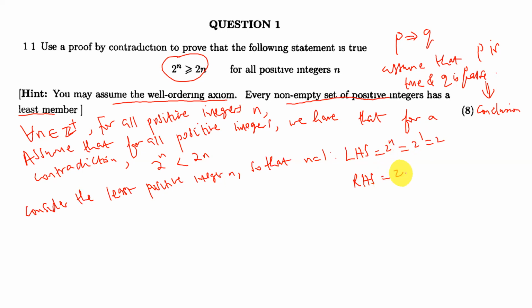The right-hand side is 2n, which is 2 times 1. So we have that the left-hand side is less than the right-hand side, because it means 2 to the power 1 is less than 2 times 1. And this is a contradiction.